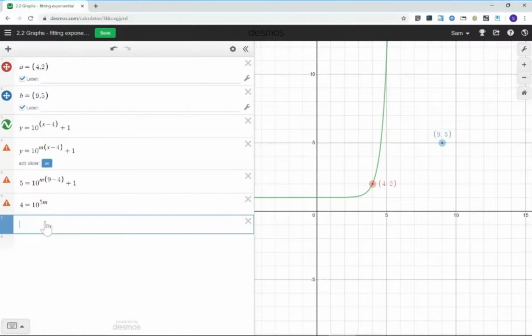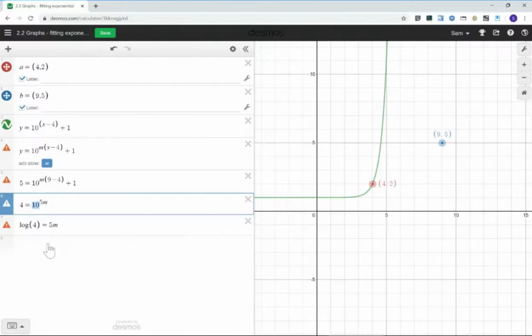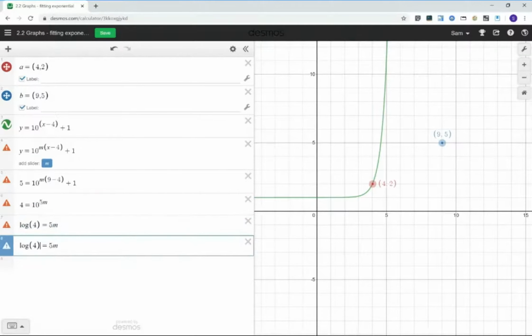Okay. The inverse of an exponential is a log, so I just need to take the log of both sides. So I just get log of 4 equals, log undid the exponent. So finally, rearranging, we're going to divide both sides by 5.